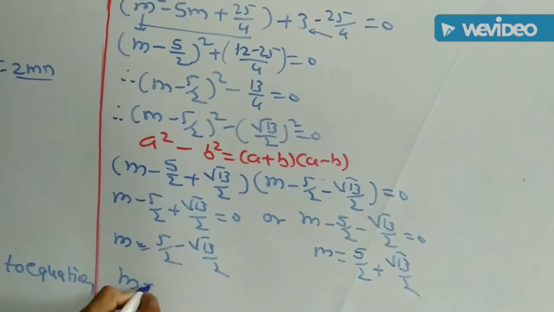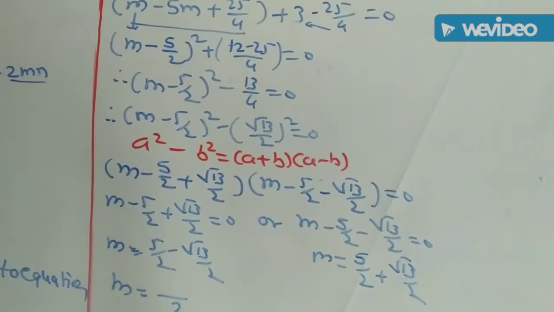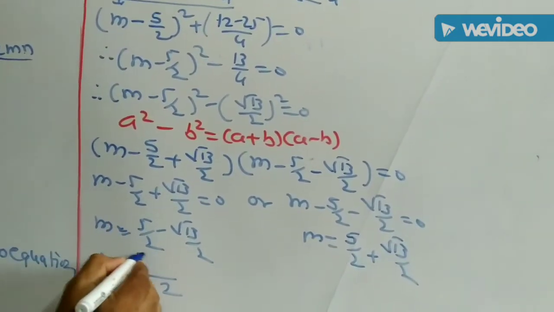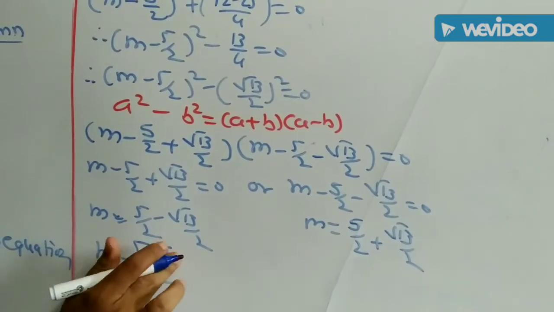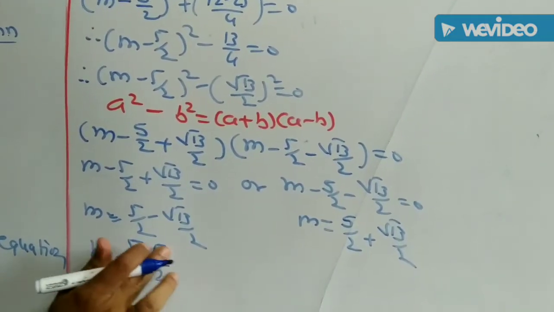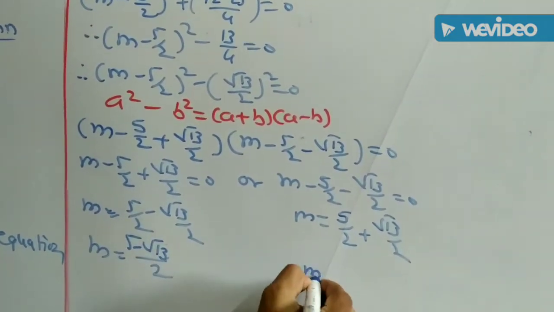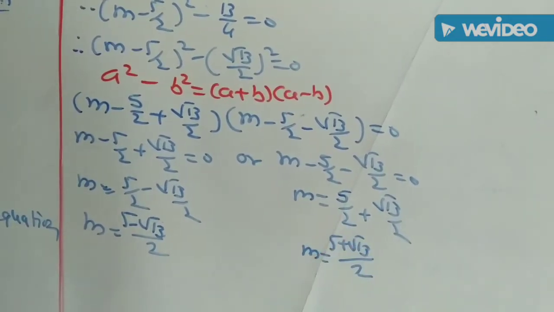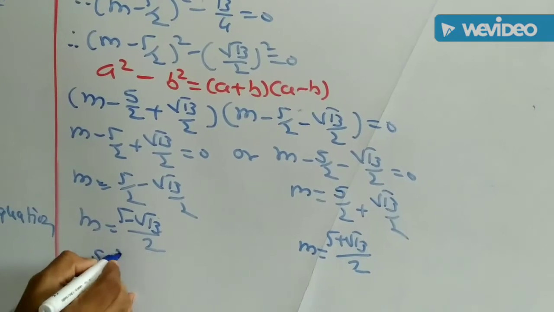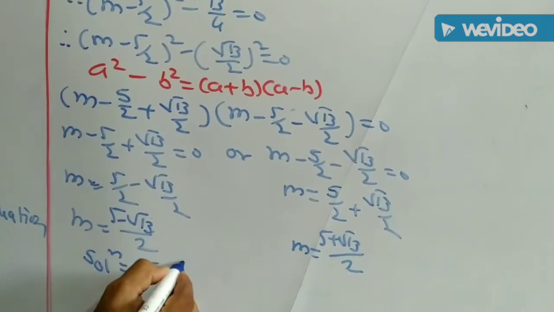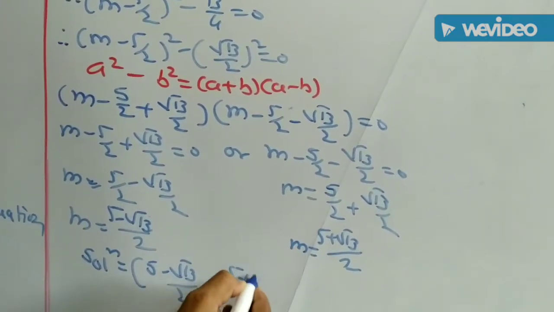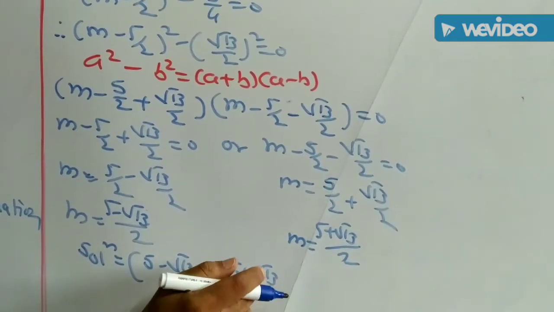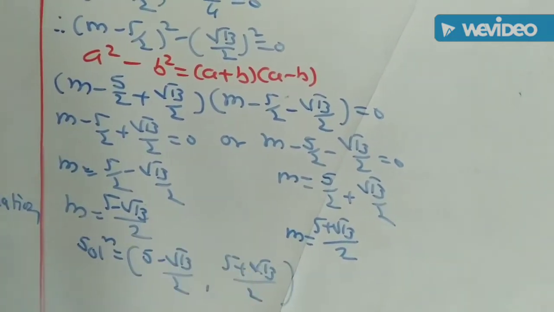Both have the same denominator, therefore I write it at one time: subtraction of numerators, 5 minus root of 13, and here again the denominator is the same, addition of numerators, 5 plus root of 13. Therefore the solution is 5 minus root of 13 upon 2, 5 plus root of 13 upon 2.